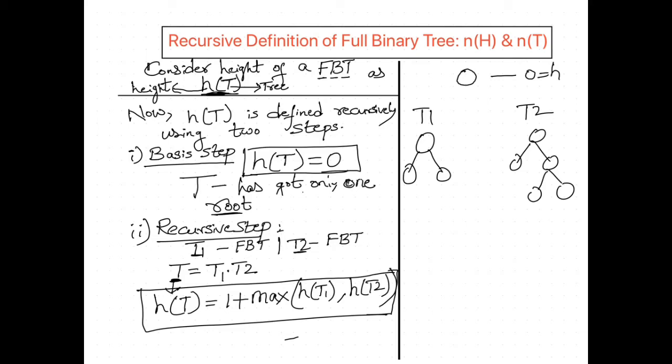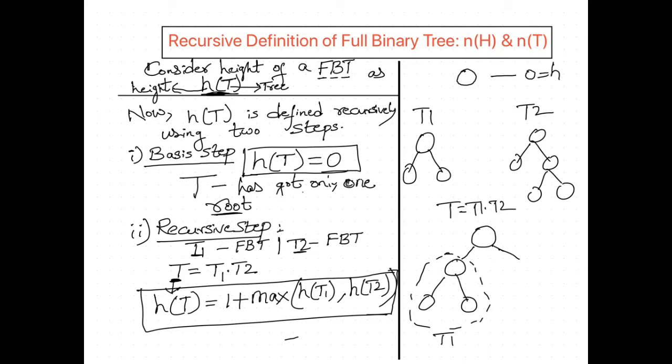If I want to combine T1 and T2, I need a root to combine, right? I am taking a root and writing this total T1 part, and T2 part.